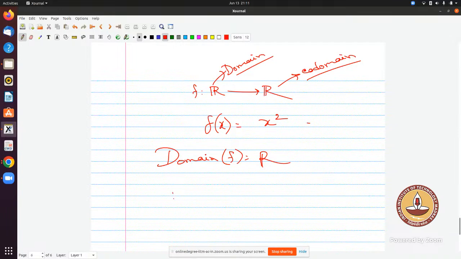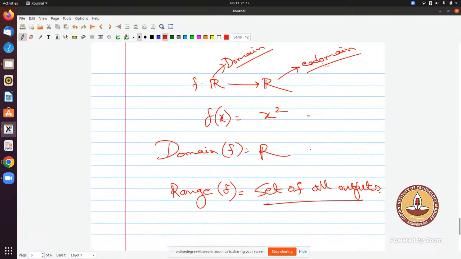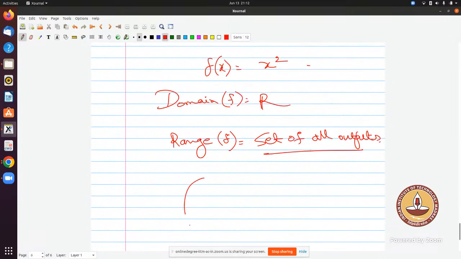Now, what is range? This is something different. Range is the set of all outputs. Range is a subset of codomain, sir. Yes, I'll come to that. Codomain is where we are expecting the output, and range is what sits inside it.